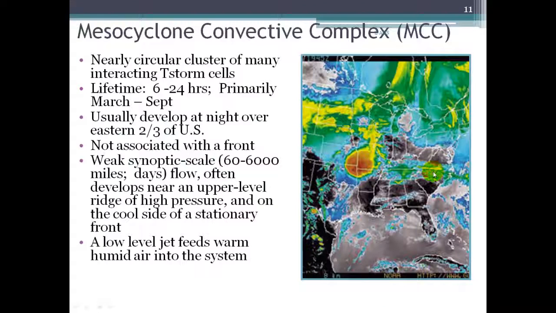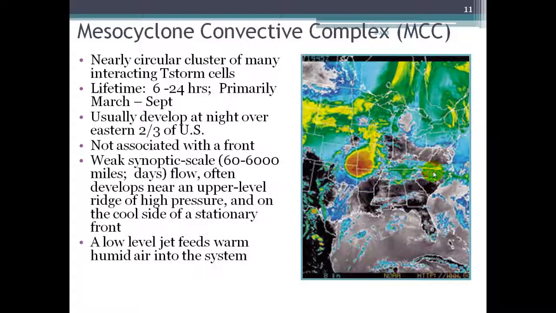The second type of multicellular thunderstorms is called a mesoscale convective complex, MCC, and these are nearly circular clusters of multiple interacting thunderstorm cells. They can last anywhere from 6 to 24 hours, and they typically happen during the warm season in North America, from March to September.